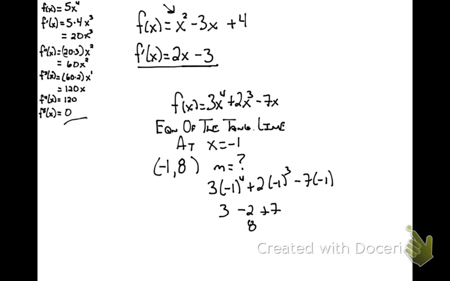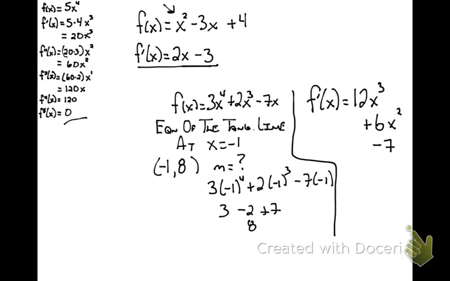Now the slope is related to the derivative. What's the derivative of my function? Well, by the power rule, it would be 12x cubed plus 6x squared minus 7. And what I want to know is, what's the value of the derivative, or what is the slope at x equal to negative 1?